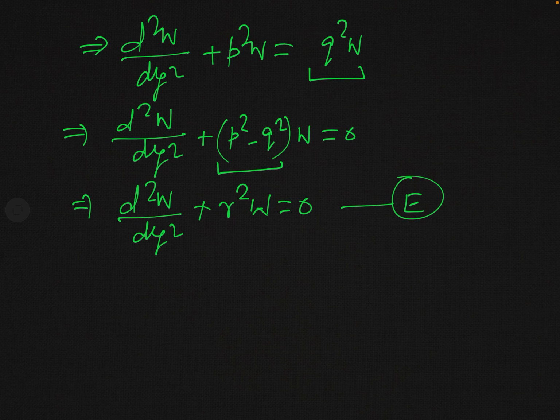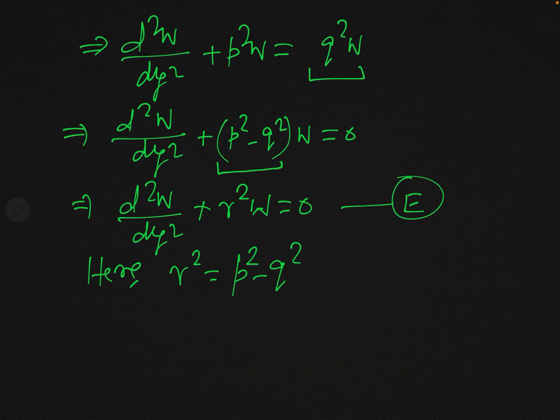So this is an ordinary second order differential equation. Here I have written that r square is equal to p square minus q square.